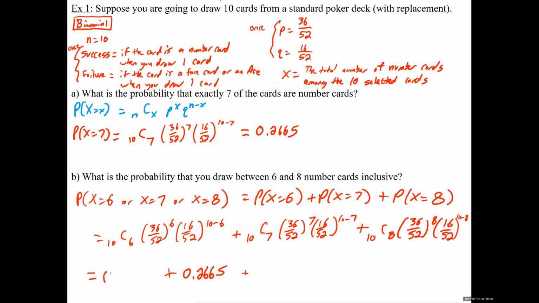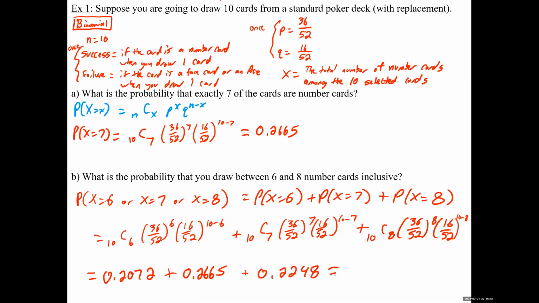Okay, so this one is 0.2072. Let me do the other one. This one is 0.2248.